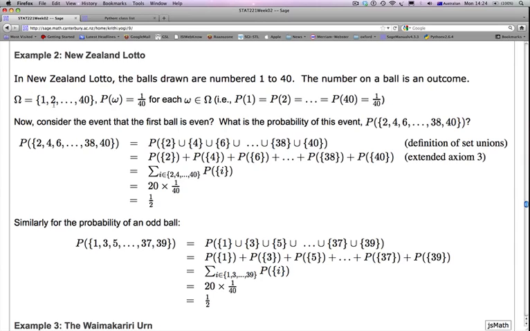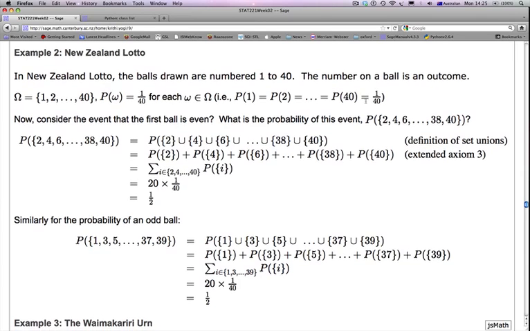So little omega can be 1 or 2 or 3 or any number up to 40. All of the balls have the same probability, 1 over 40, of coming out in the first lotto draw. So the probability of 1 equals the probability of 2, equals the probability of 40, which is equal to 1 over 40 in this well-stirred urn of lotto balls.